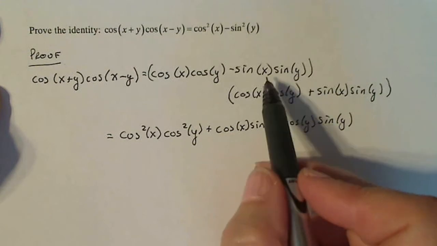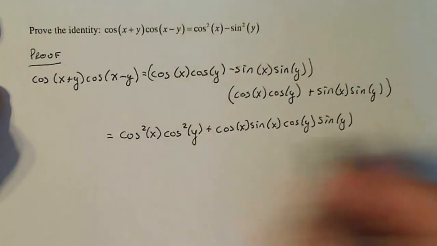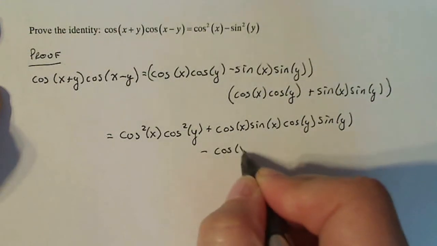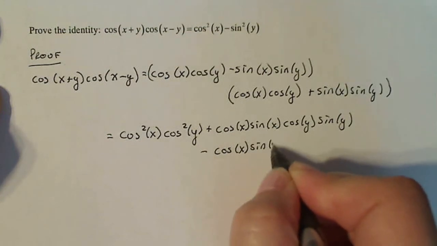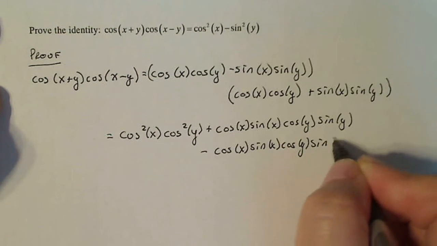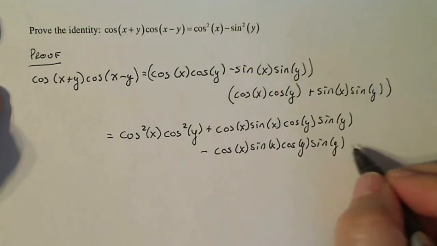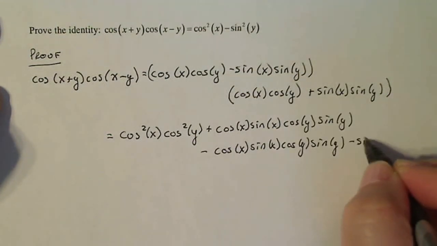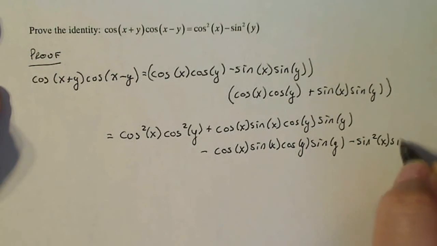And then I multiply the inner terms, minus cosine x sine x, cosine y sine y. And then the last terms, minus sine squared x sine squared y.